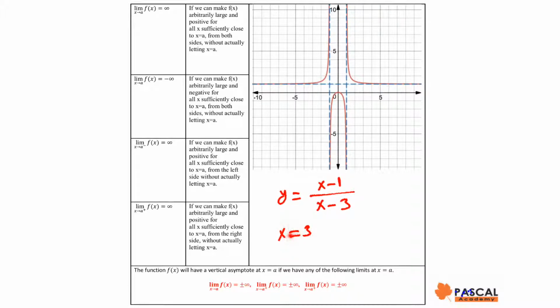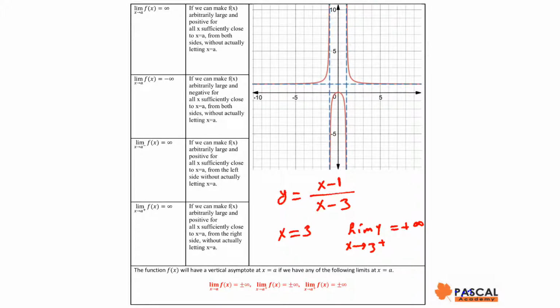When x approaches 3 from the right side, y approaches positive infinity. A little bit more than 3, both the numerator and the denominator are positive, and the limit is positive infinity.